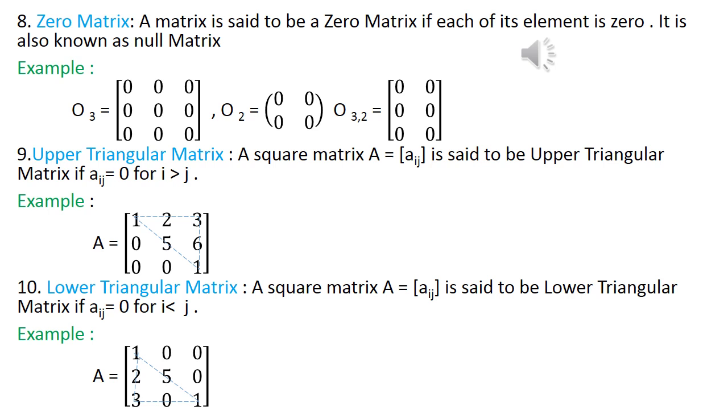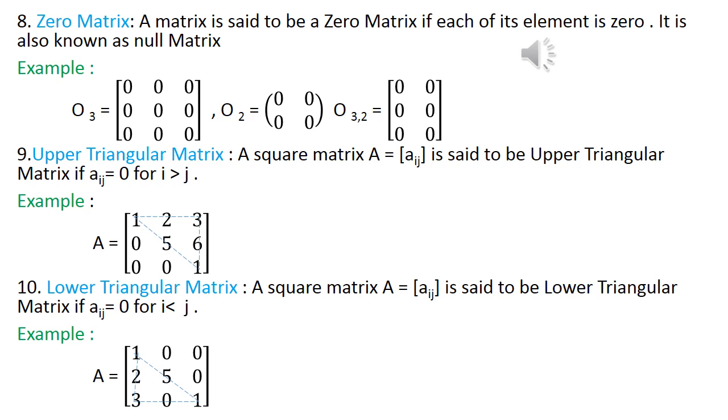Eighth one is zero matrix. A matrix whose all elements are 0 is called a zero matrix. It is also known as null matrix. It is not necessary that a zero matrix is a square matrix. A zero matrix can be formed of any order and it is represented as capital O. For example, if we write the matrix as capital O3, then that is a zero matrix of order 3 cross 3, meaning a 3 cross 3 matrix whose all elements are 0.